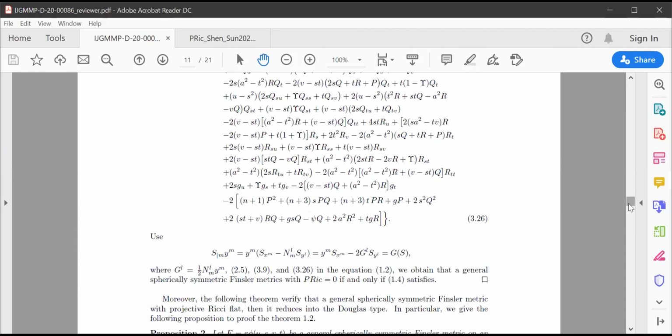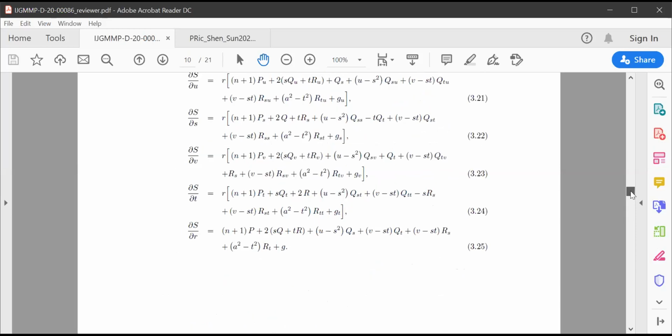Once you get the formula for the S curvature dot, then you plug 2.5, 3.9, and 3.26 into the equation. Let's go back. 3.9, 2.5, 3.9.